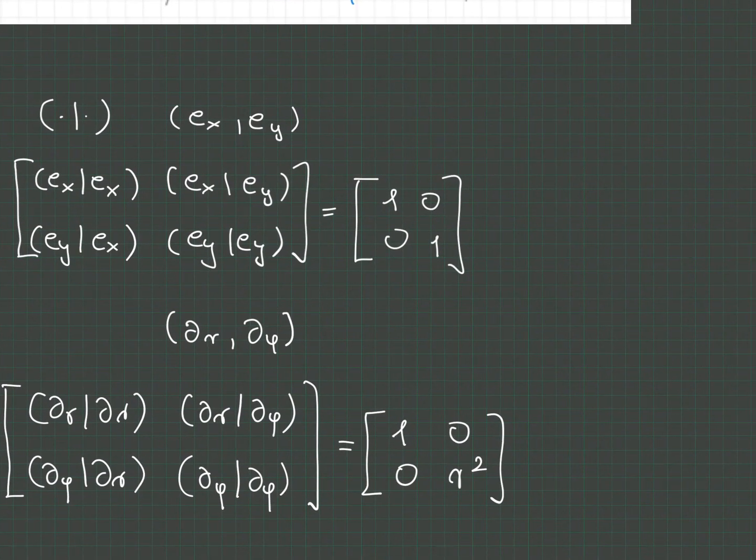Those two matrices are matrices of the scalar product in two different bases. This is the same matrix as for G, but here we act from the vector space using basis E to the dual vector space using the basis which is dual to E. And here we do the same.